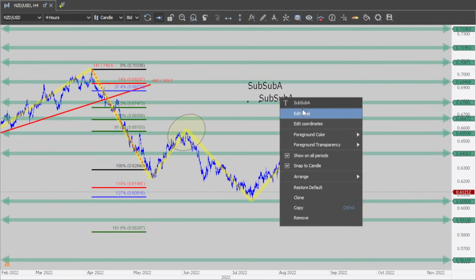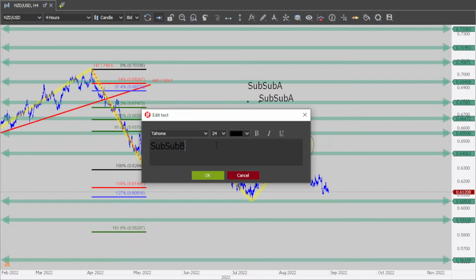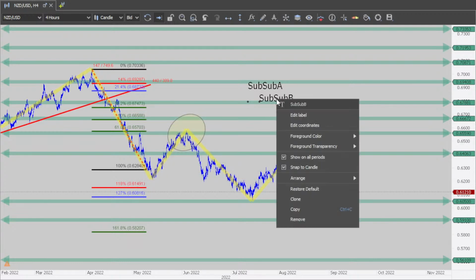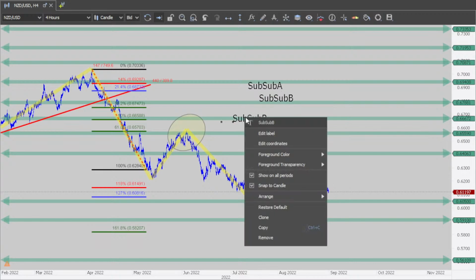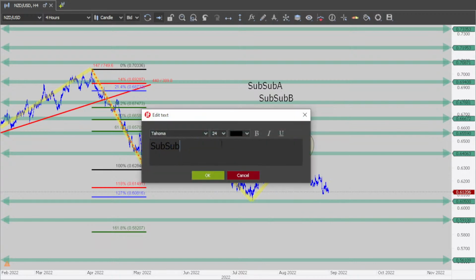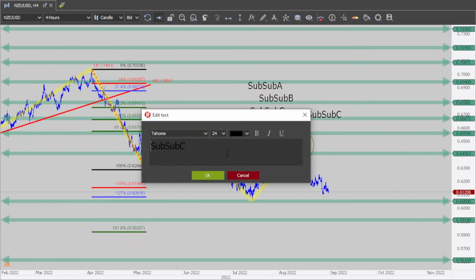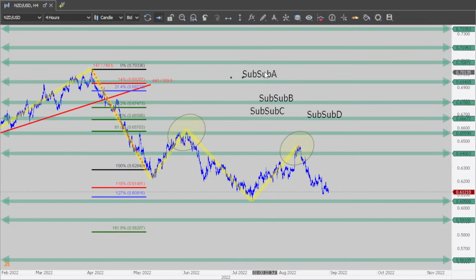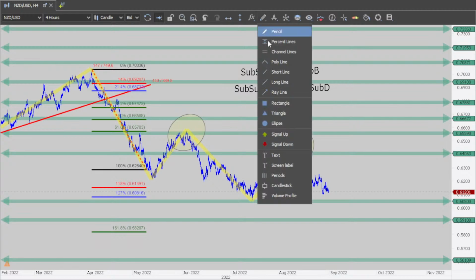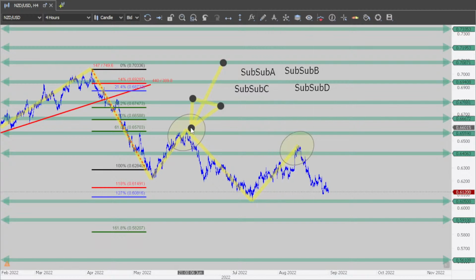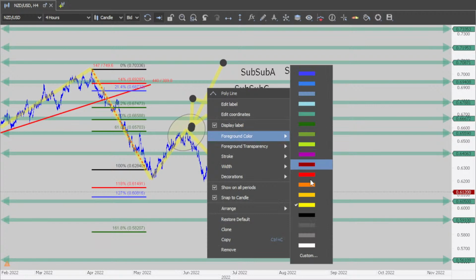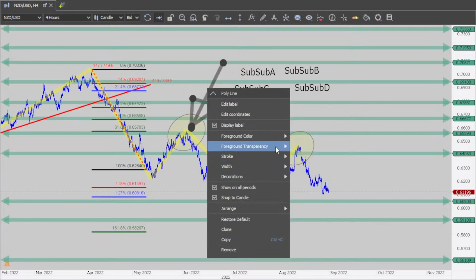There we have edit label, sub B, then we have clone, edit label, sub C, sub A, sub B, sub C, and clone, edit label, sub D. Okay, everybody, where should we start our Fibonacci of the confirmation or confirmation Fibonacci? Here, on the left circle or on the right circle? What do you think?